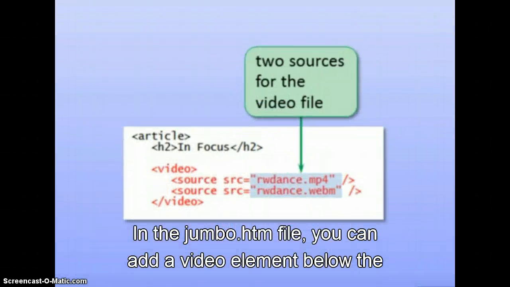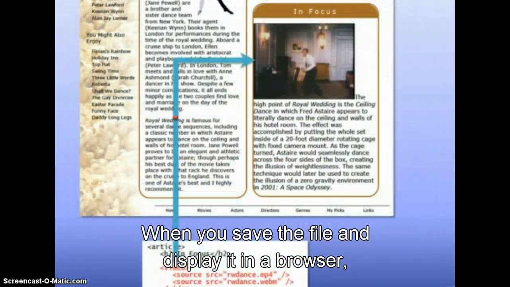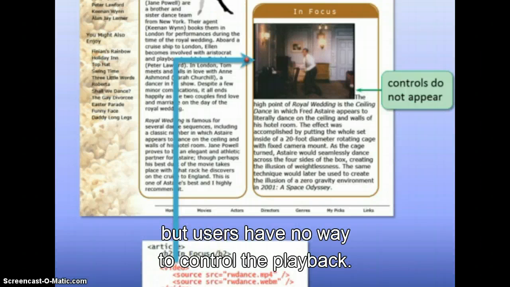In the jumbo.htm file, you can add a video element below the In Focus heading that includes 2 sources for the video file. When you save the file and display it in a browser, the first frame of the video is displayed on the web page, but users have no way to control the playback.